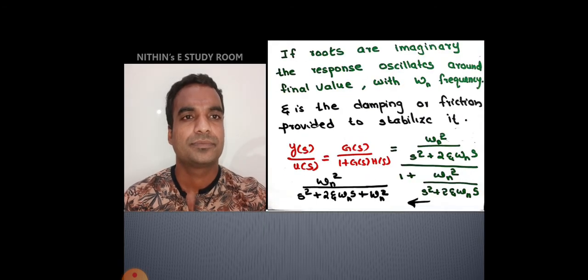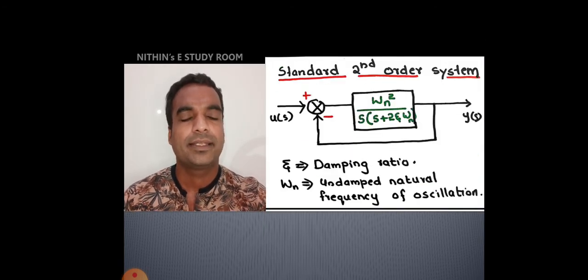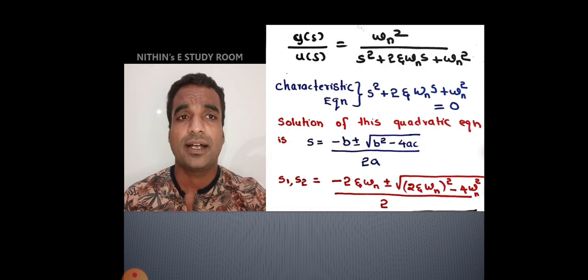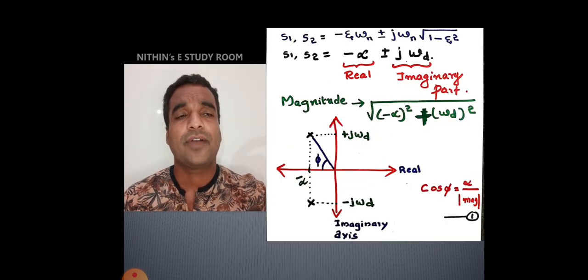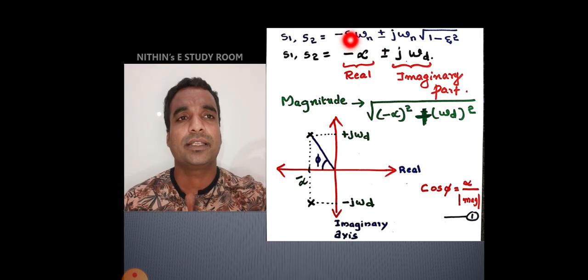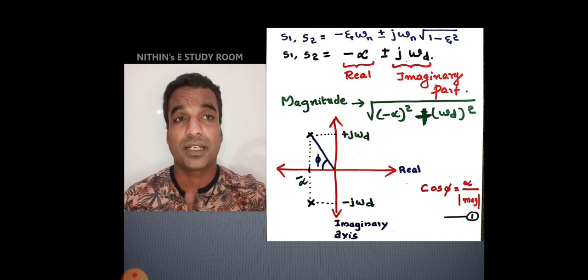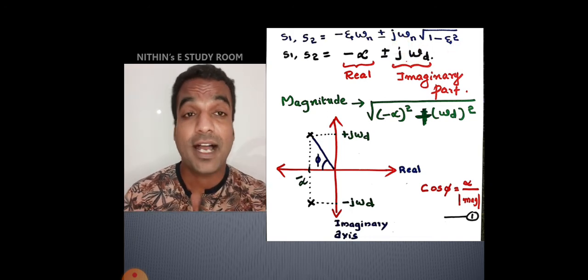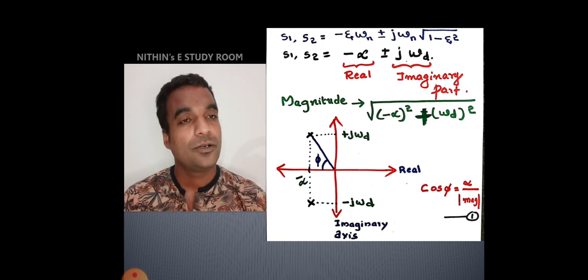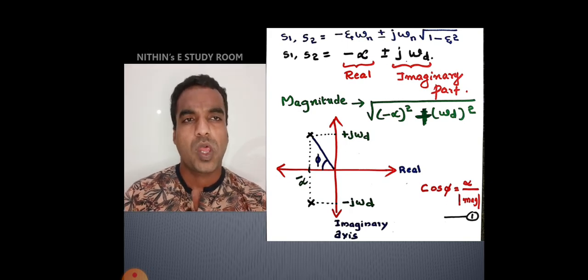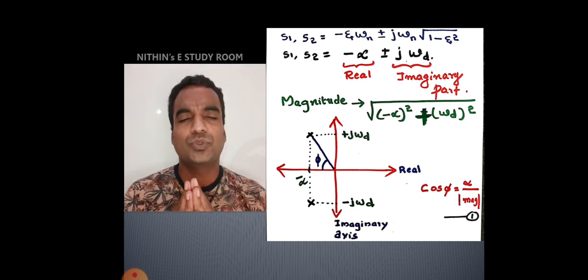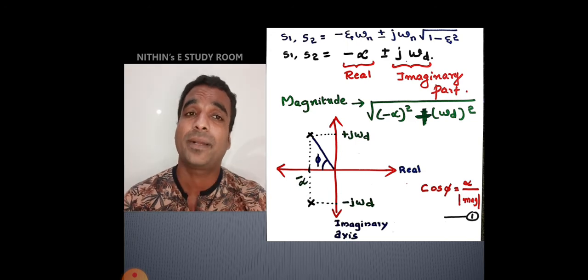Eta is damping ratio and alpha is damping factor. Damping factor is nothing but eta into omega n. And omega d is the damped frequency, that is omega n into root 1 minus eta square, where omega n was the undamped frequency.